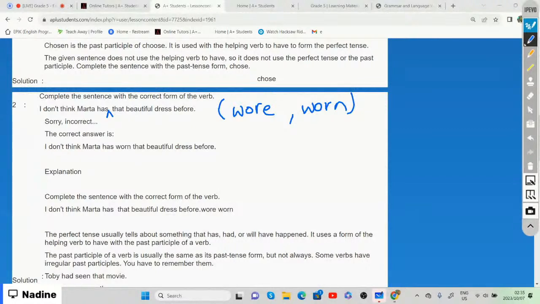We need to choose one of these words to complete the sentence.